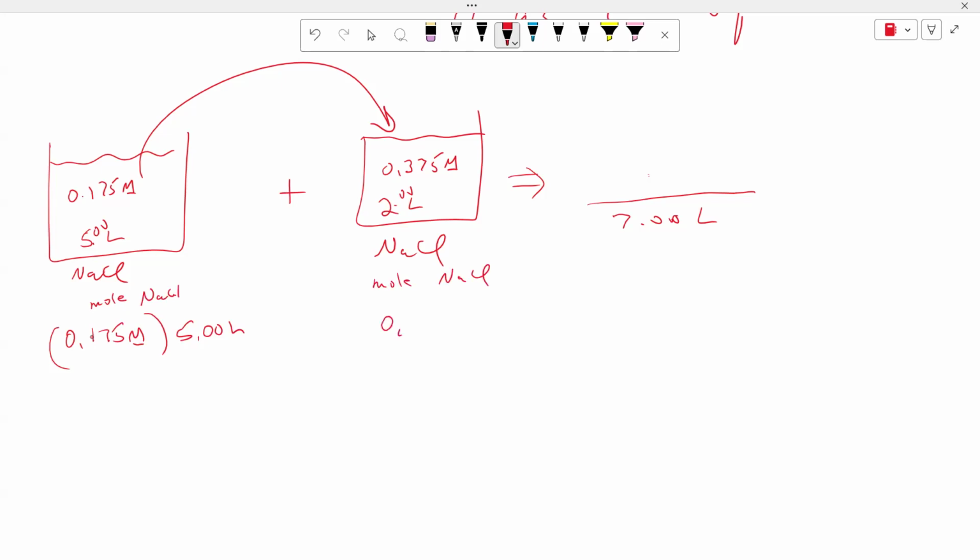Okay, here it's going to be 375 and 2 liters. Okay. So again, concentration times volume equals moles. Concentration times volume, concentration times volume. Moles of this plus moles of that goes up here. So we end up with moles per liter.